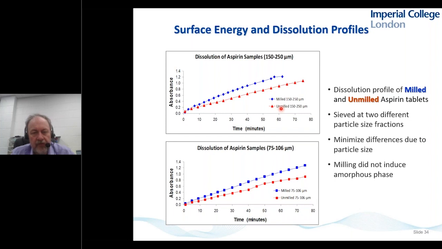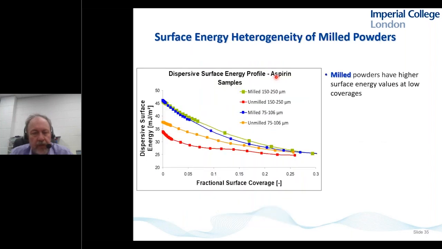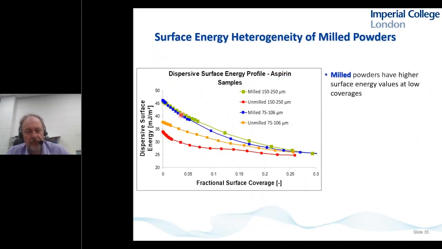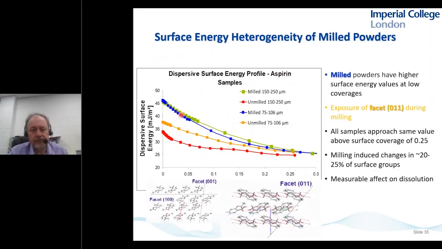The red ones are unmilled, so they have slower solubility. The faster solubility comes with the milled materials, and the milled materials also have the higher energies. So higher energies, faster dissolution rate, and that's something you can deduce from their IGC experiments.